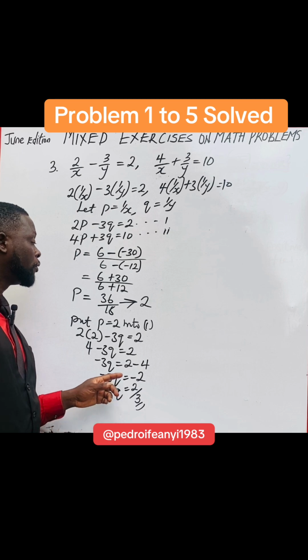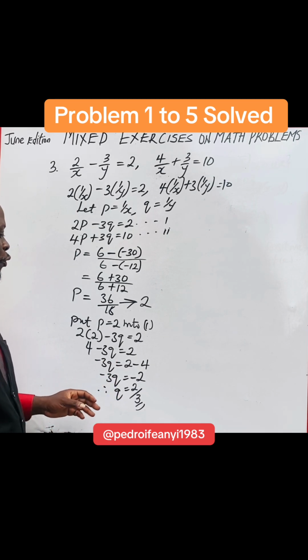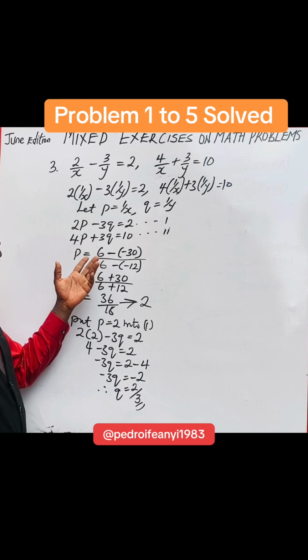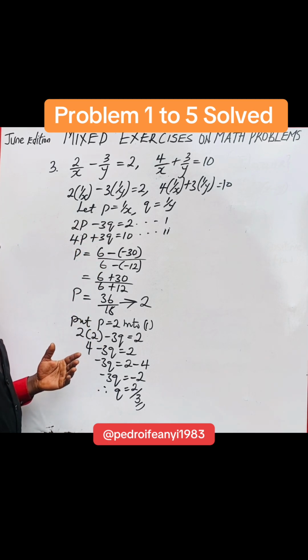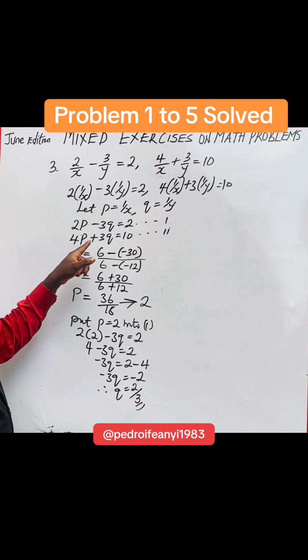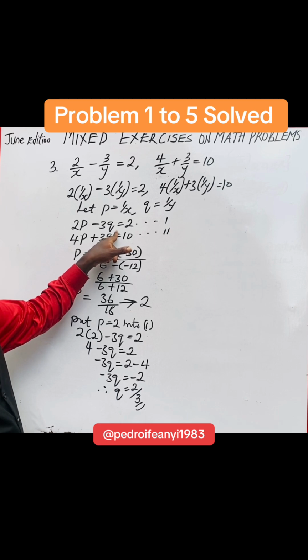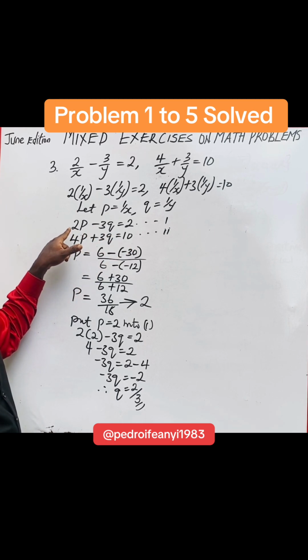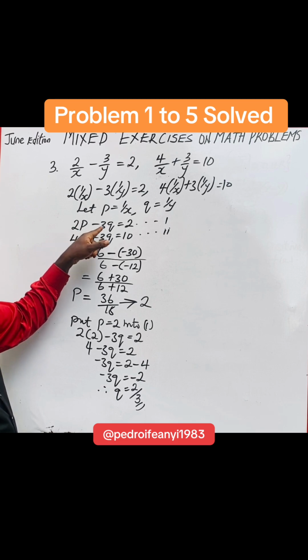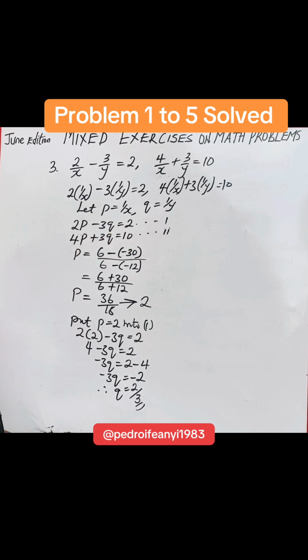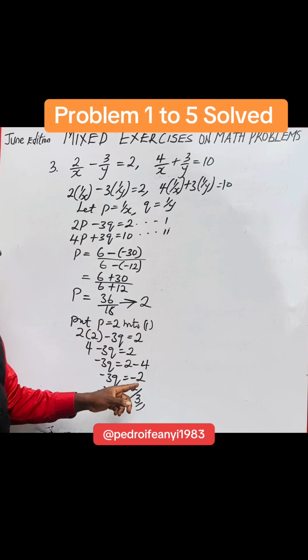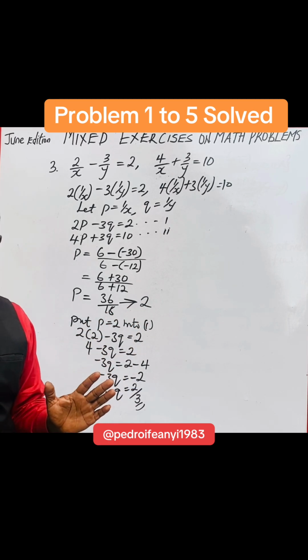So we've gotten Q to be 2 over 3. If you want to check and confirm whether the expression is correct: when you put 2 over 3 here, it gives you 2 here. Then 2 times 2 is 4, 4 minus 2 is 2, so it's correct. So the values are 2 and 2 over 3. Now we need to get the value of x.